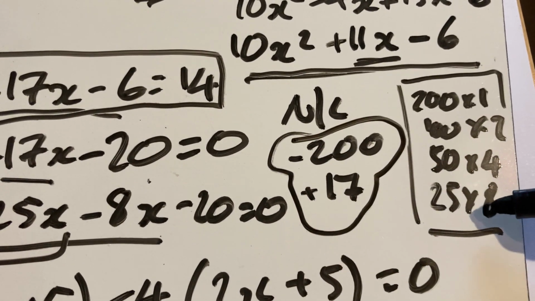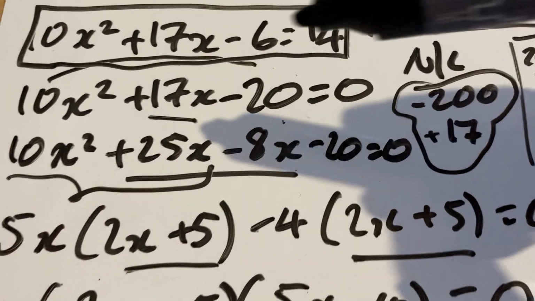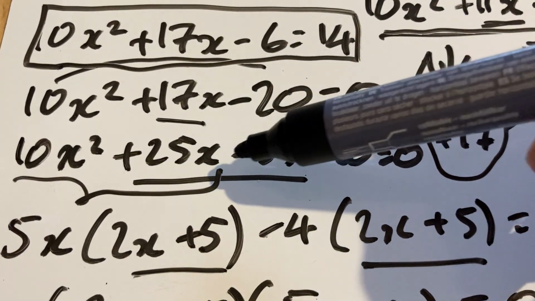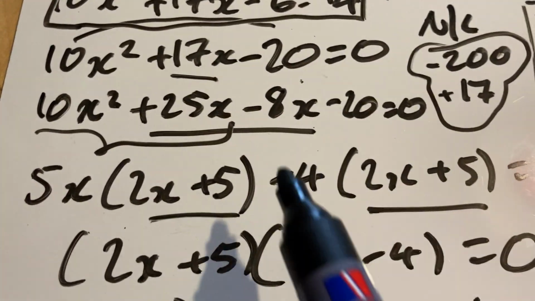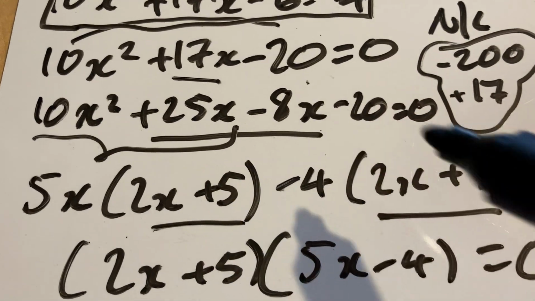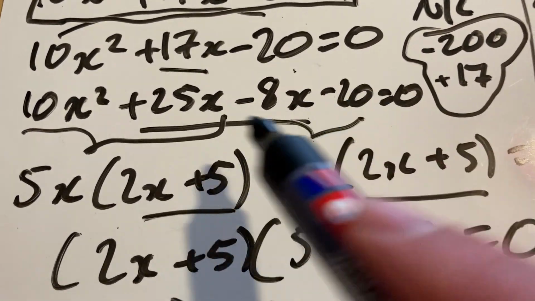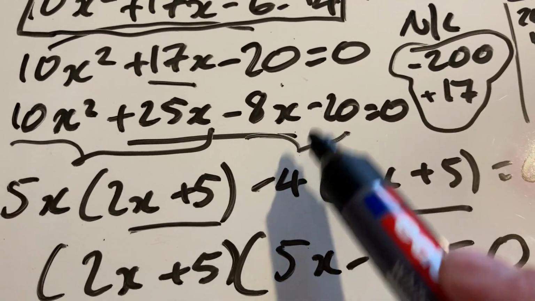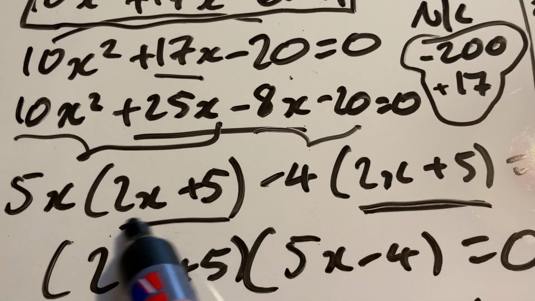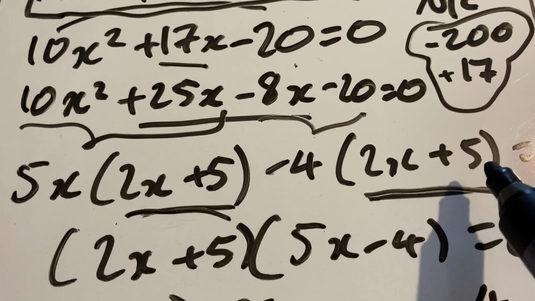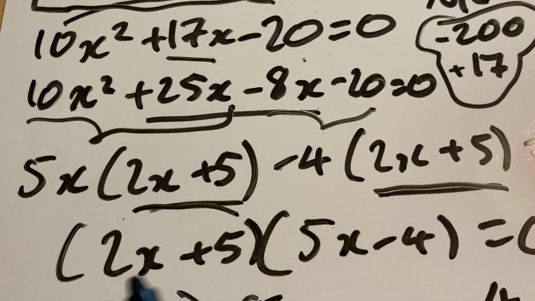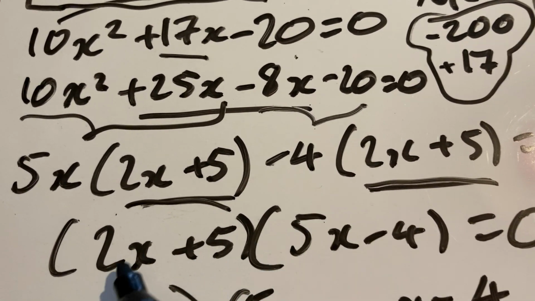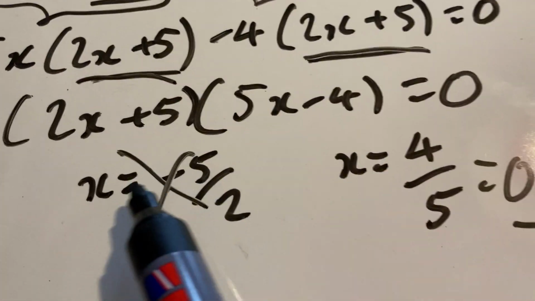And that's where I see 25 and 8. So if I split the 17 up into 25x minus 8x, I can then factorize in pairs or in groups, take out the 5x from there, and I get 2x plus 5, take out minus 4 from there, and I get 2x plus 5. And as long as those two are the same, I know I'm on the right path. I can factorize that out, leaving me with 2x plus 5 times 5x minus 4, and that'll solve it.